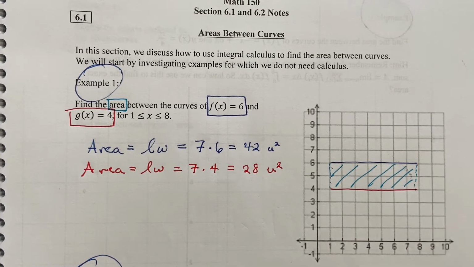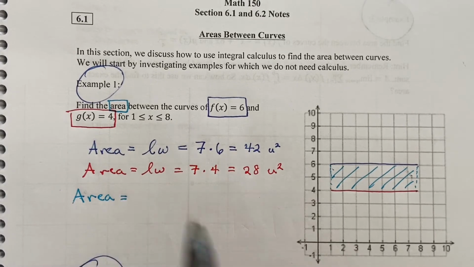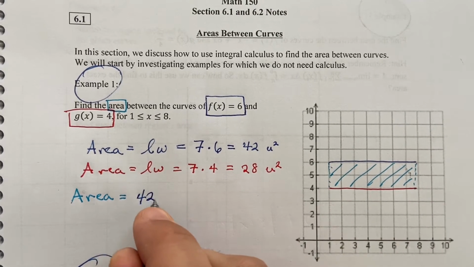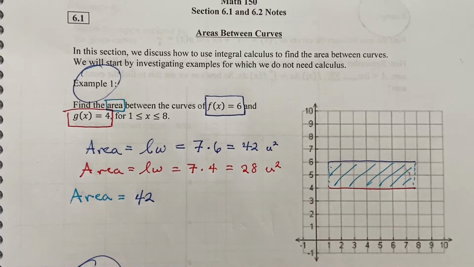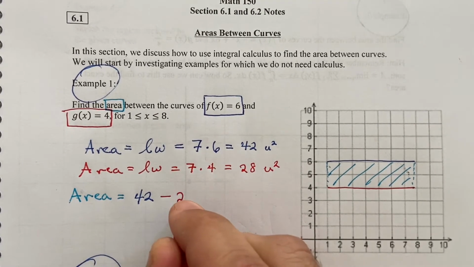In order to find the space between, the area of the thing we actually care about, I could take the upper area and subtract away the lower area. So I'm going to take 42 and subtract 28.